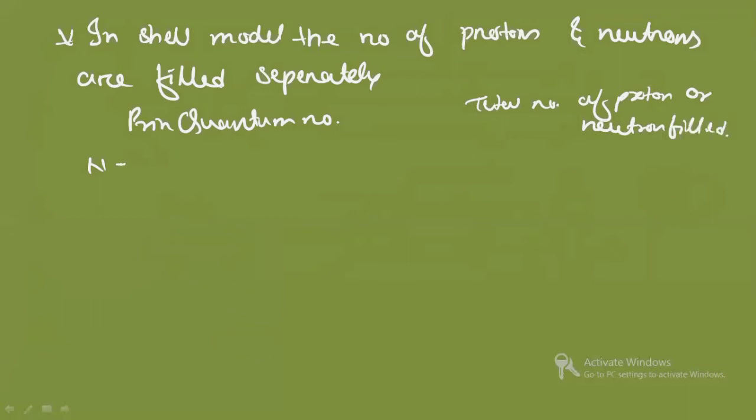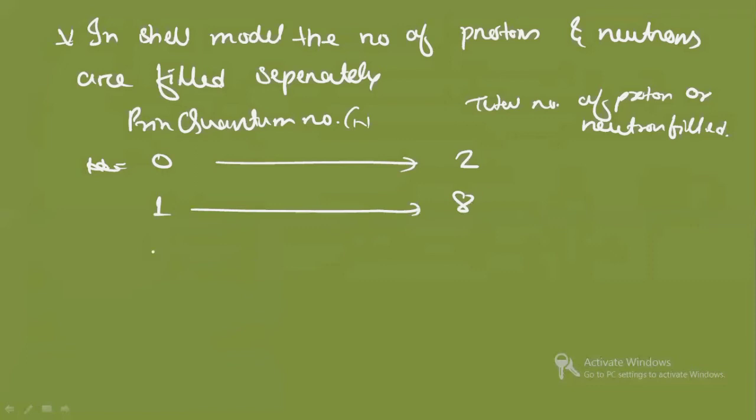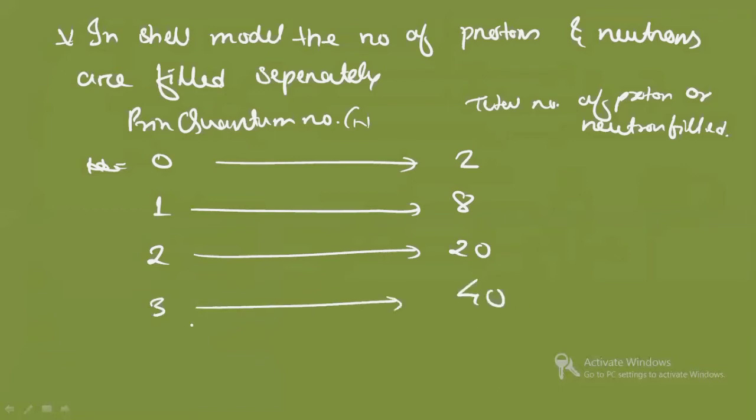So for n equals 0, this is the principal quantum number n, how many will be filled? 2. For n equals 1, there will be 8. For n equals 2, there will be 20. For n equals 3, there will be 40. All right. So these are the total numbers of protons and neutrons.